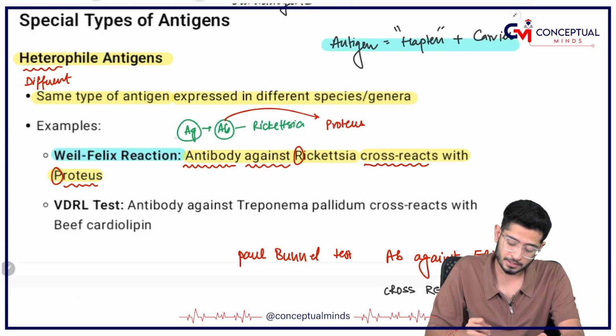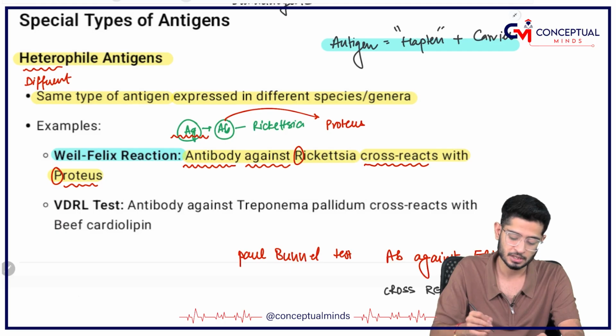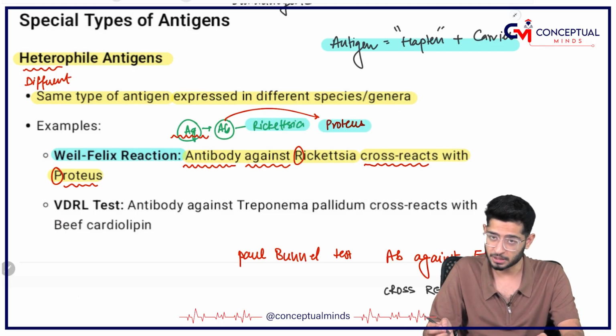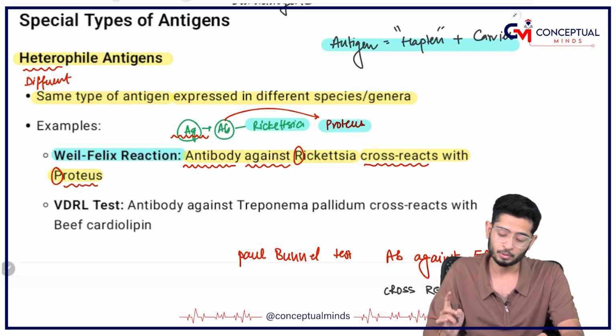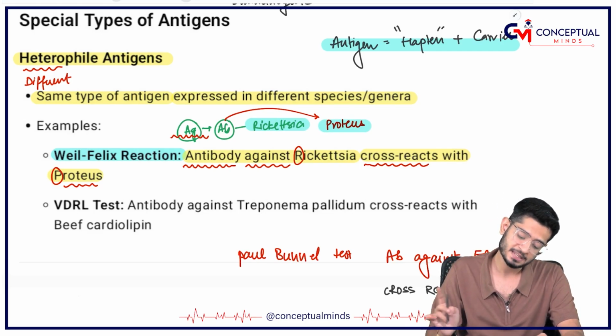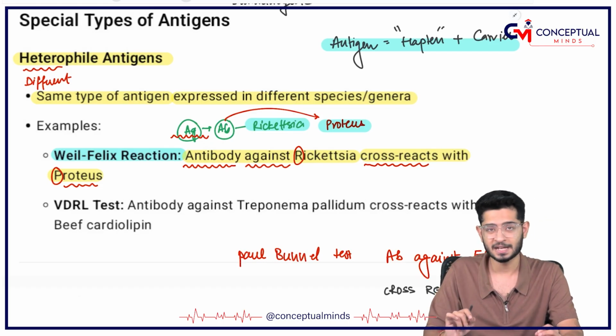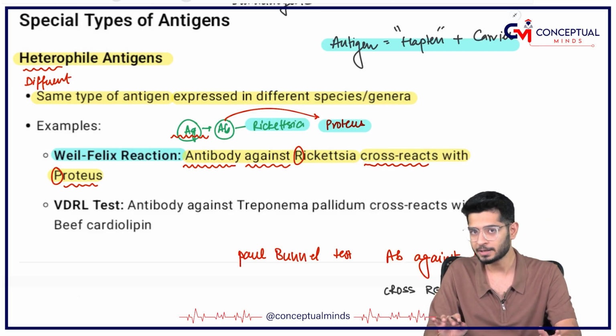So can you understand, it was this antigen only which was expressed in different genera. It expressed in rickettsia, it expressed in Proteus, alright. These are different genera, but the same antibodies were reactive. That means the same antigen expressed itself.